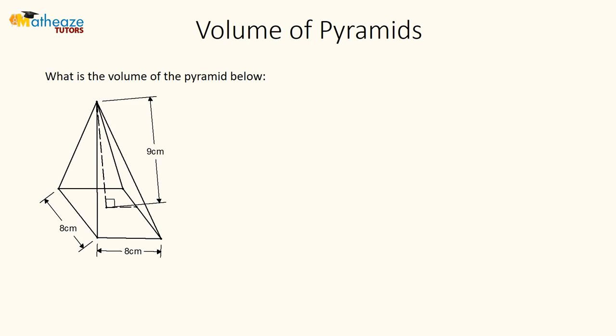So we're going to look at this as the volume here is going to be 1/3 area of base multiplied by height of pyramid. So we're going to focus on getting the area of the base.